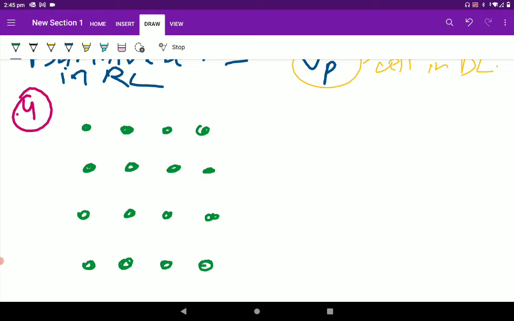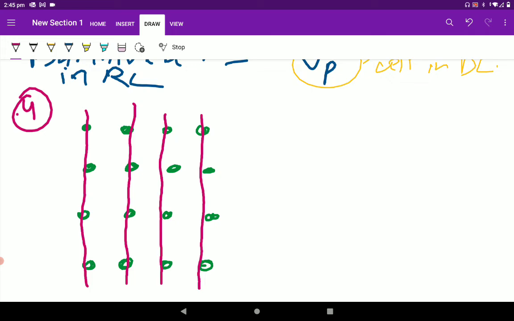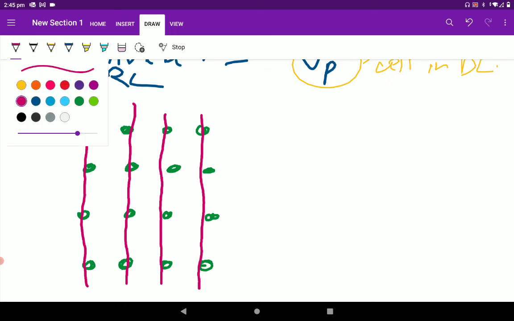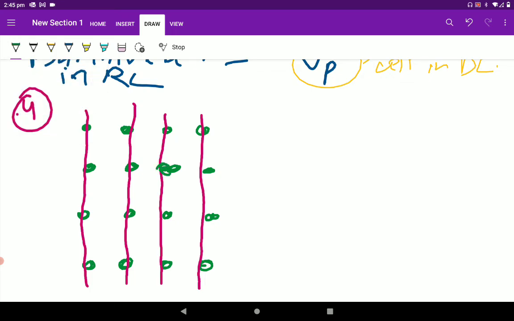Crystallographic planes are a set of parallel planes which pass through the points of the Bravais lattice, like in this fashion. These are called a family of crystallographic planes, which are parallel and at the same distance from each other.